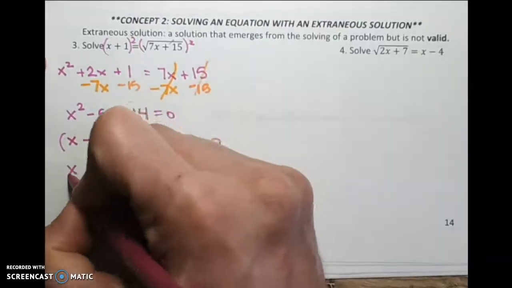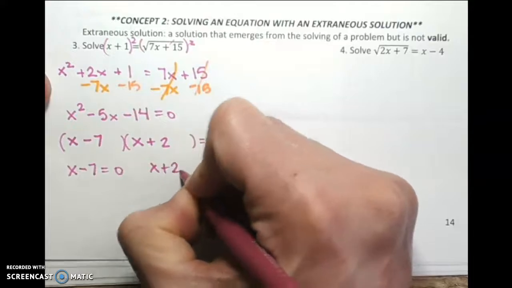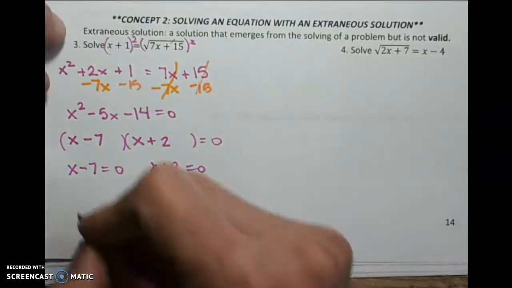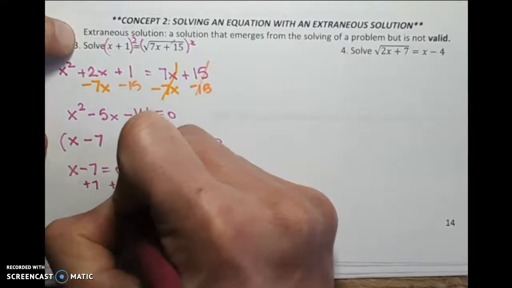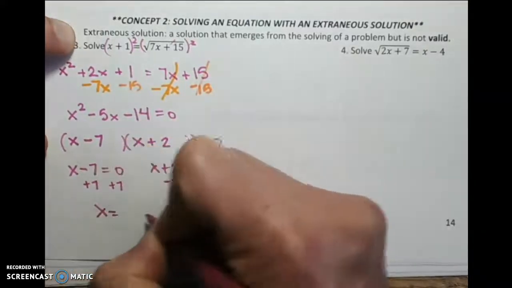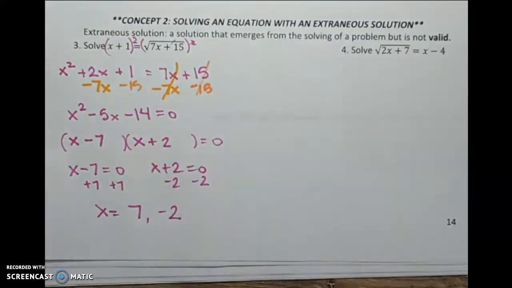I set each factor equal to 0. X minus 7 equals 0 and x plus 2 equals 0. It's called the zero product property. Gives us a lot of options. And now I just add 7 to both sides, subtract 2 from both sides, and x equals 7 and negative 2.